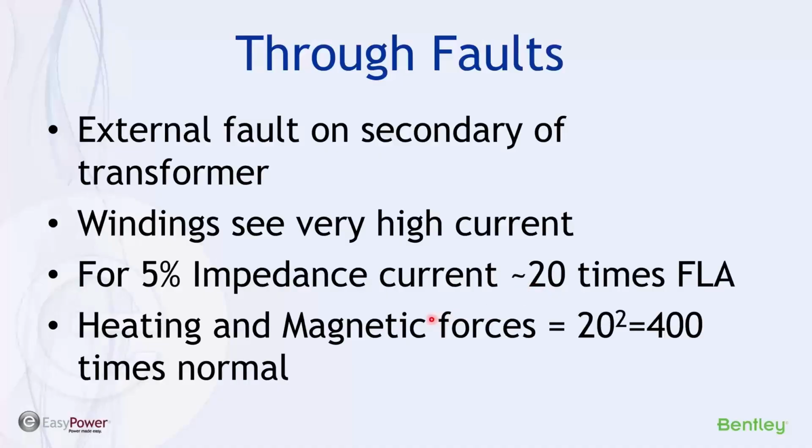And when we're considering heating and magnetic forces, that's I squared effect, then that 20 times factor is multiplied by itself, which potentially be 400 times normal current, and the heating and magnetic effects would be that much greater.